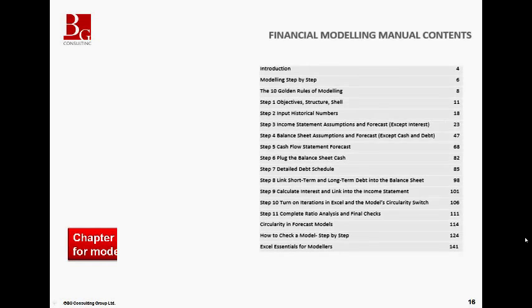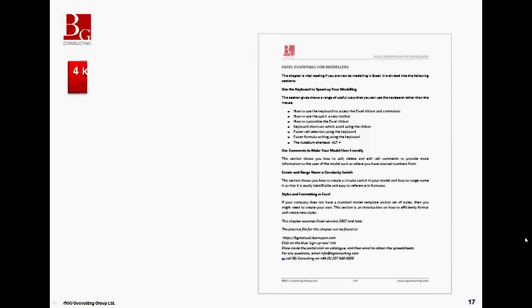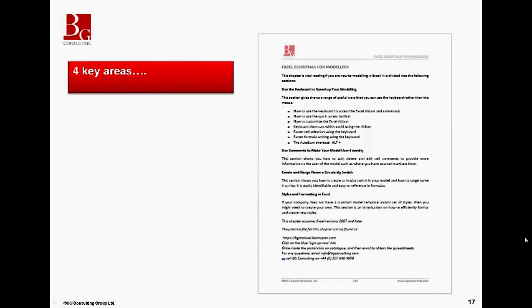Finally, our chapter on Excel Essentials for Modelers. We've included 4 key areas in this section. Firstly, using the keyboard to speed up your modelling. And it's in this section where we include the keyboard shortcuts and how to use the quick access toolbar in Excel using the keyboard. Using comments to make your model user-friendly.